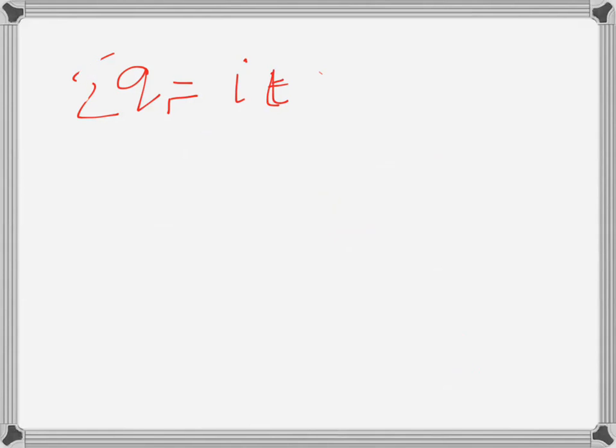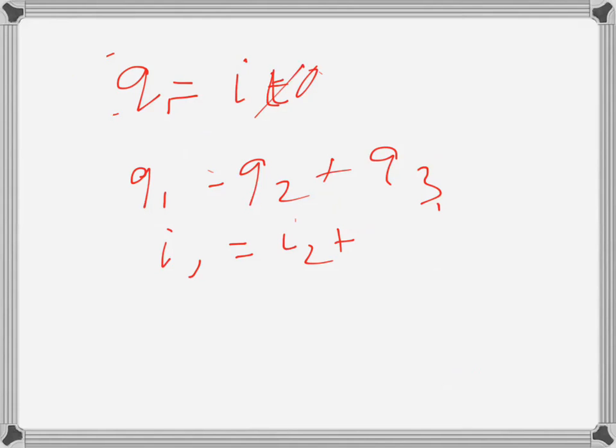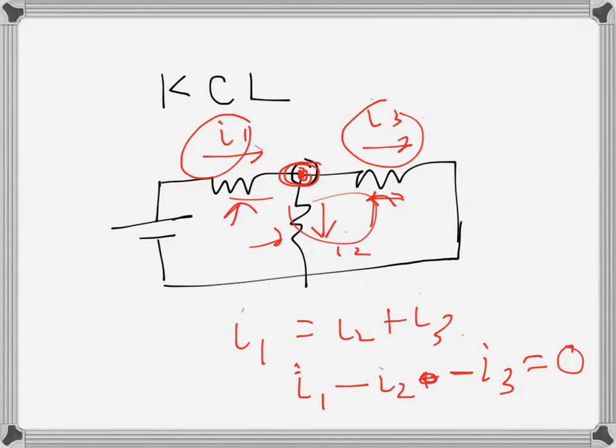So T will of course be the same everywhere. So if I replace it, Q1 will be equal to Q2 plus Q3, and then if the T is taken away, it becomes I1 is equal to I2 plus I3. So that's Kirchhoff's current law. At any node, the sum of the entering currents will be equal to the sum of the leaving currents.